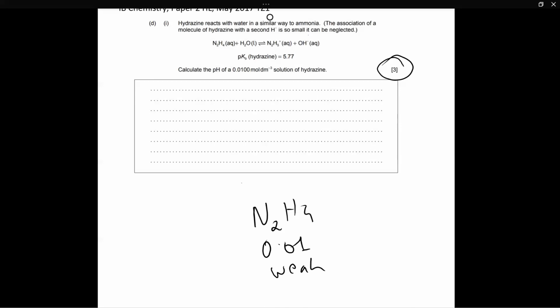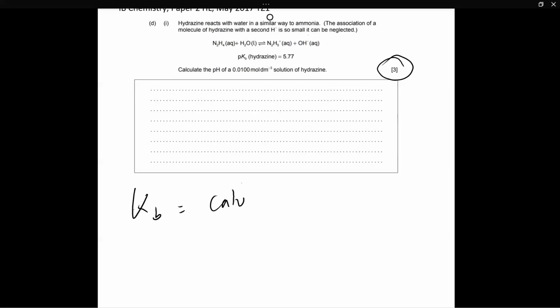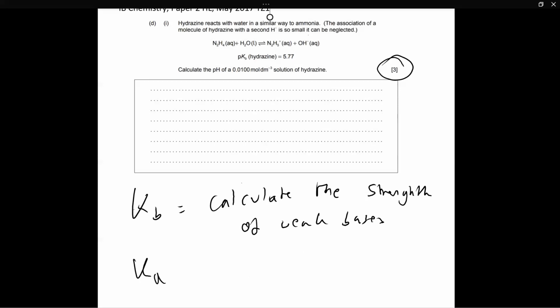But just to summarize, we use Kb to calculate the strength of weak bases. And likewise, we use Ka, everything the same, to calculate the strength of weak acids.